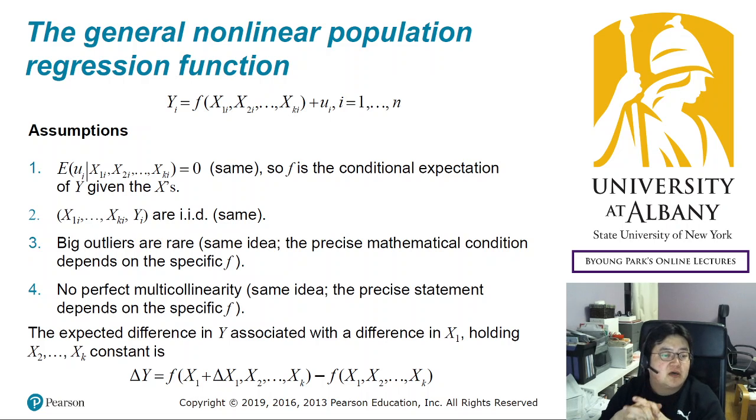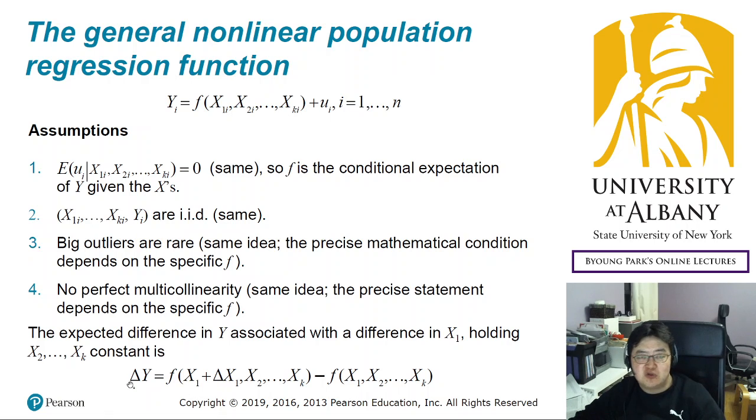Hi, I introduced you to a general nonlinear regression model. This is a very general nonlinear regression function, and we had to think about how we measure the effect of a variable on the outcome.